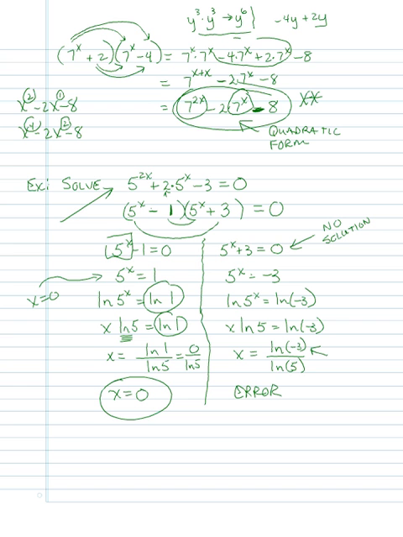It's either a big positive number, it's a 1, or it's a fraction that's positive. So we just have a number plus 3 equals 0, and that can't happen if the number we're adding to 3 is a positive number. So there's not an x that will make that true, but that doesn't mean there's not a solution to the original equation. We already found that one, and that was x equals 0.